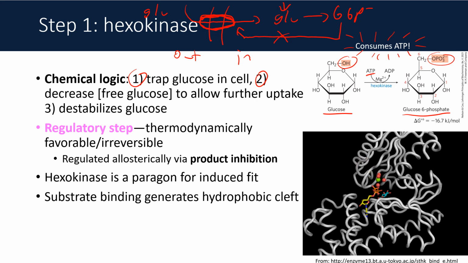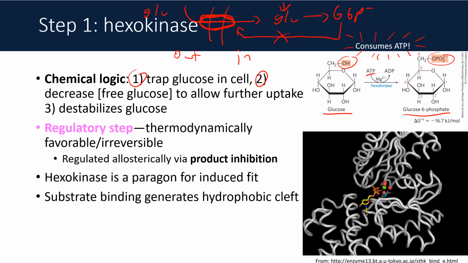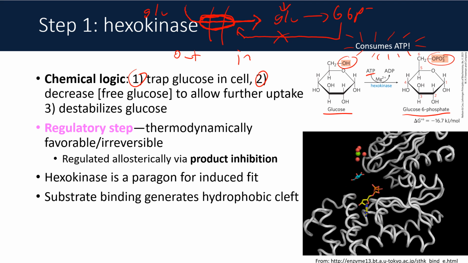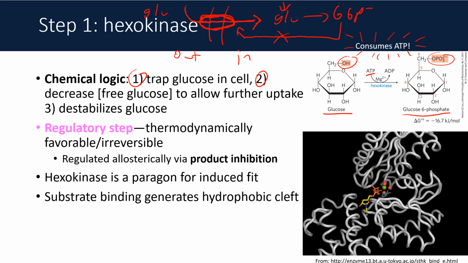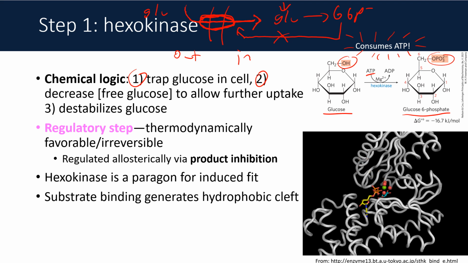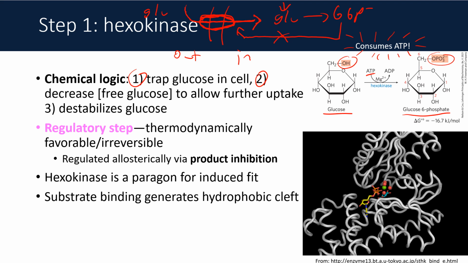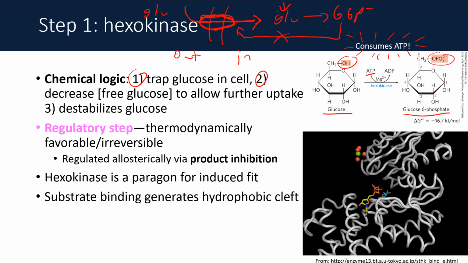What we are doing is putting a stress on the system that favors increased importation of more glucose to fill that gap. This will ensure that the cell is constantly fed by external glucose.